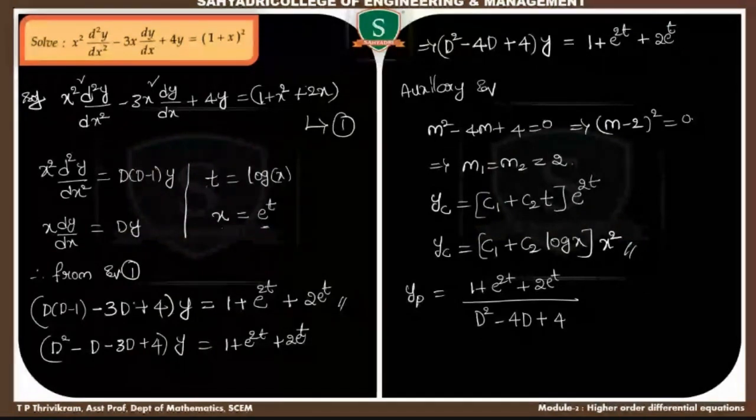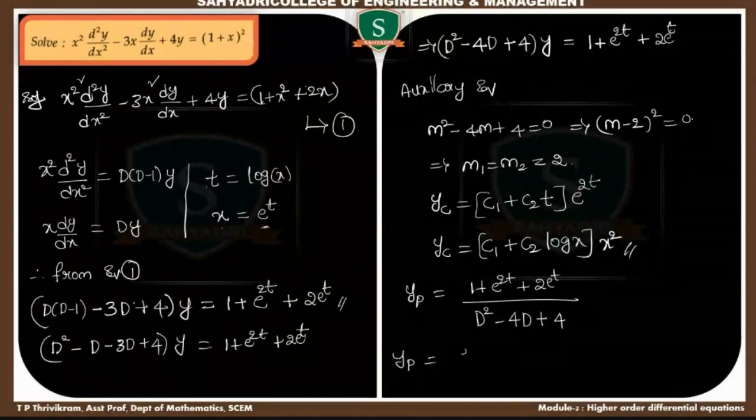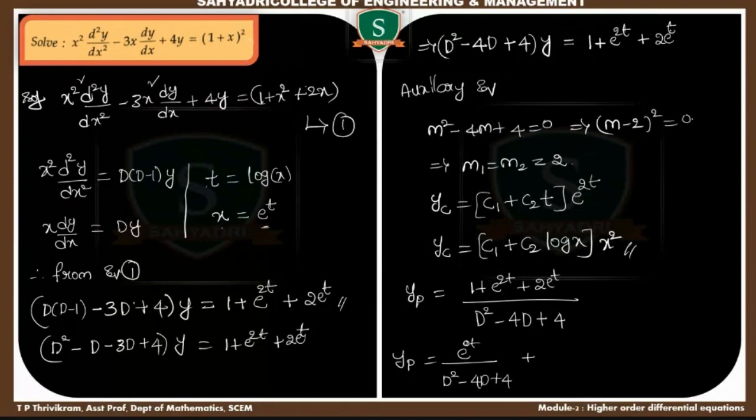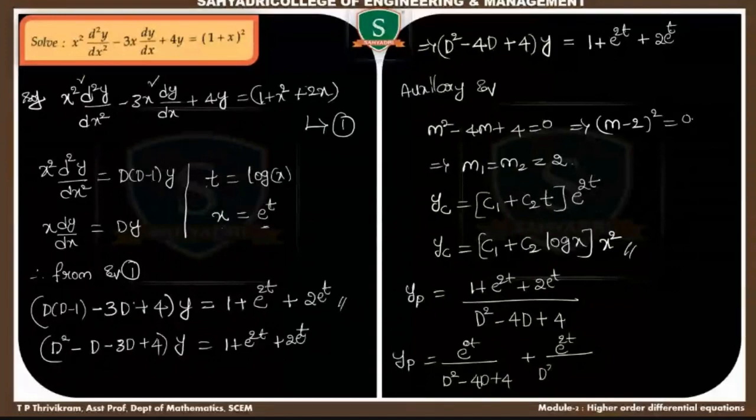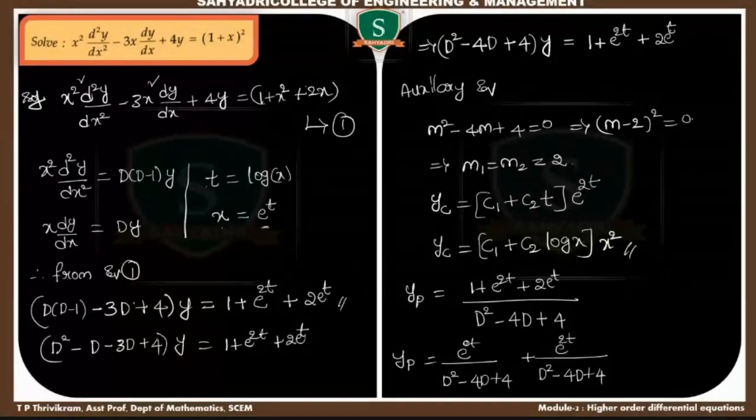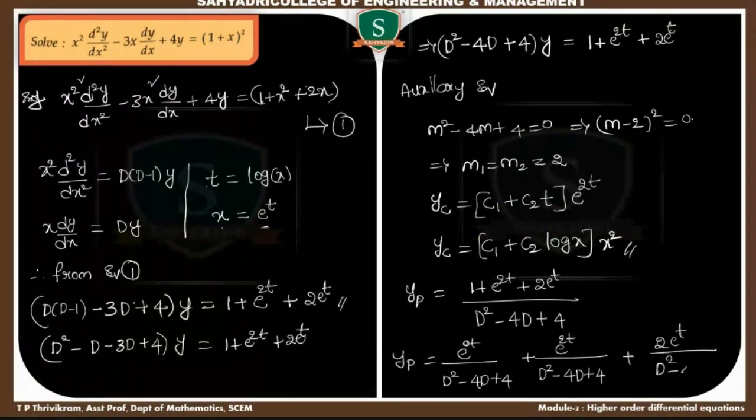So this must be equal to yp is equal to e power 0t divided by D square minus 4D plus 4, plus e power 2t divided by D square minus 4D plus 4, plus 2e power t divided by D square minus 4D plus 4.